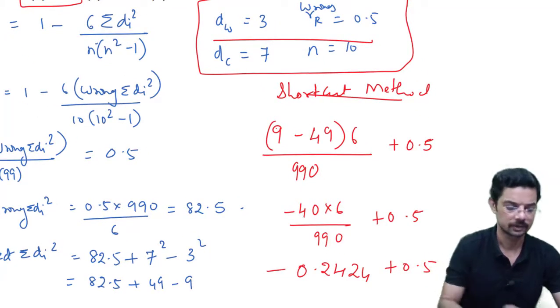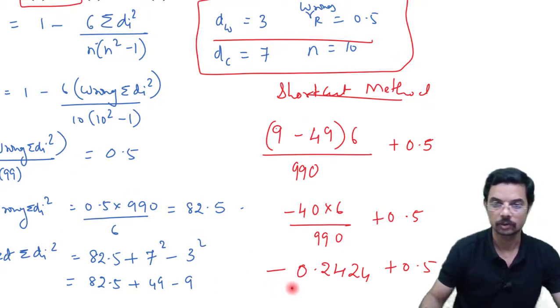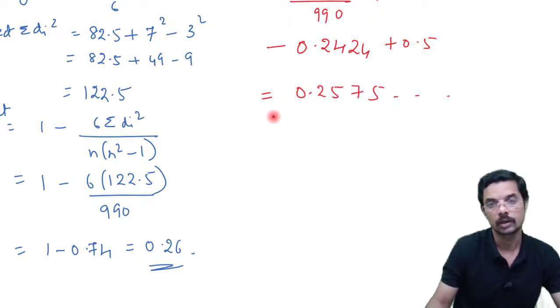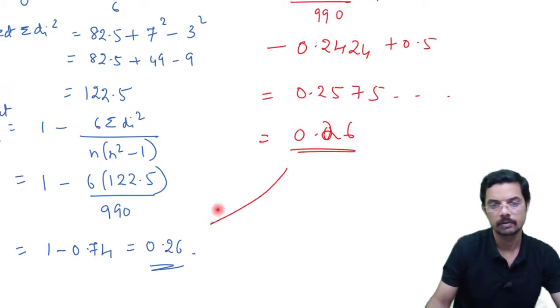You need to add this. So to that I am adding 0.5. Okay, so what I get here is equal to 0.2575 and so on. So this is 0.26, which is the same as this.